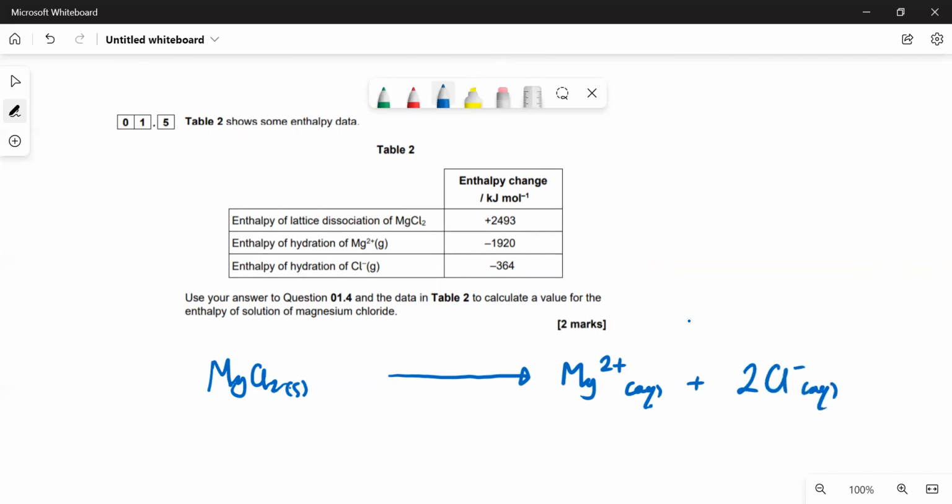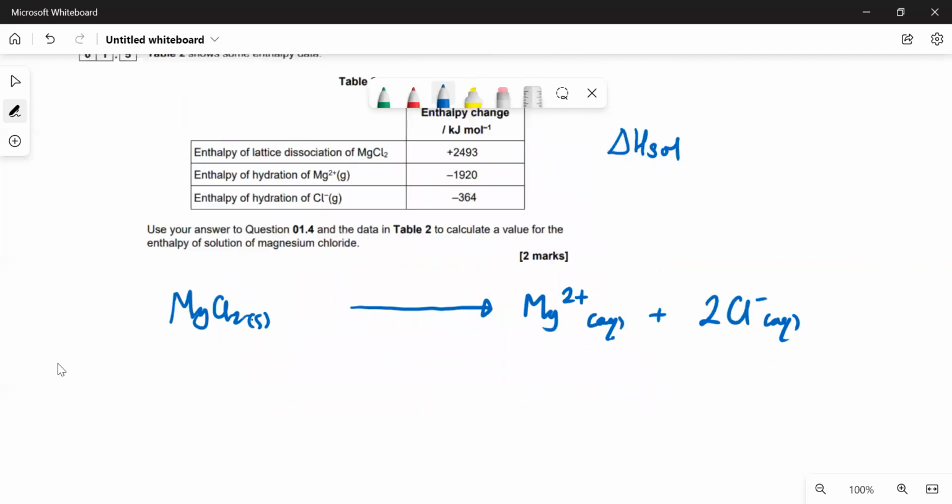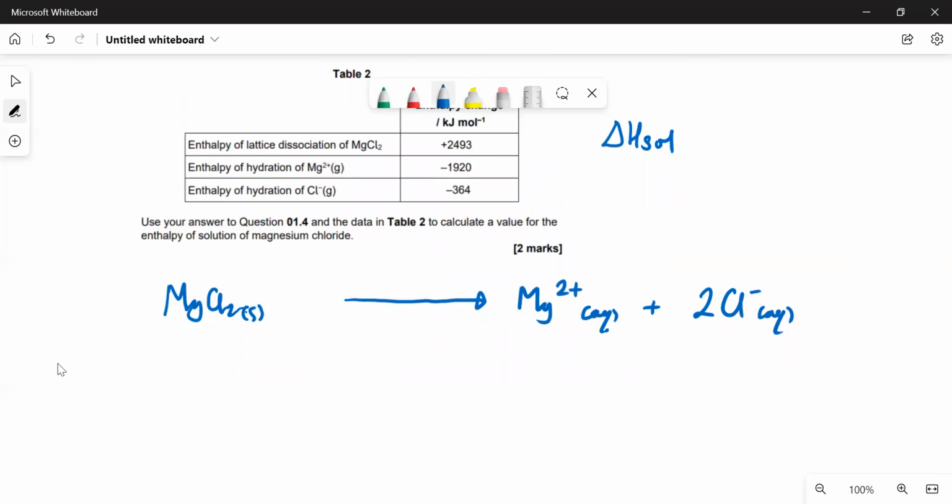Now, when we're doing these, working out the enthalpy of solution, the third thing you want in your Hess's law cycle, down here, is going to be the ions as gaseous ions. So I'm going to write down Mg2+ gas there, and 2 chloride ions gas there.